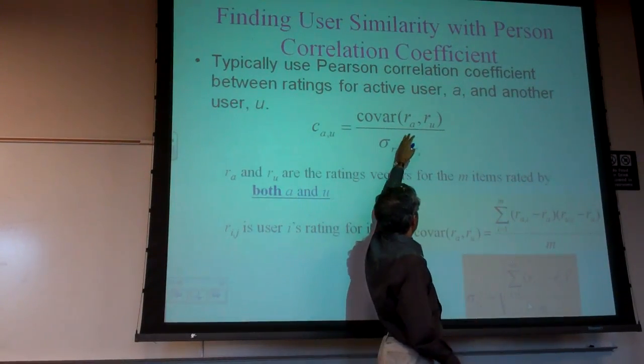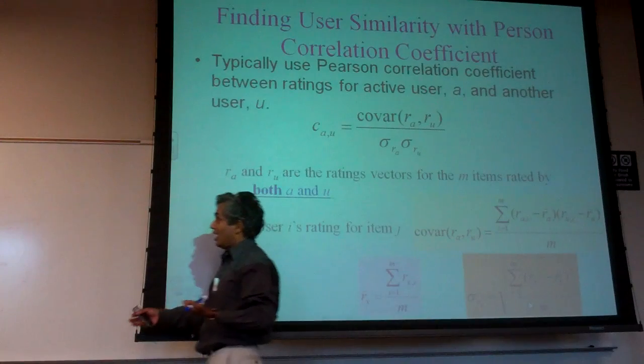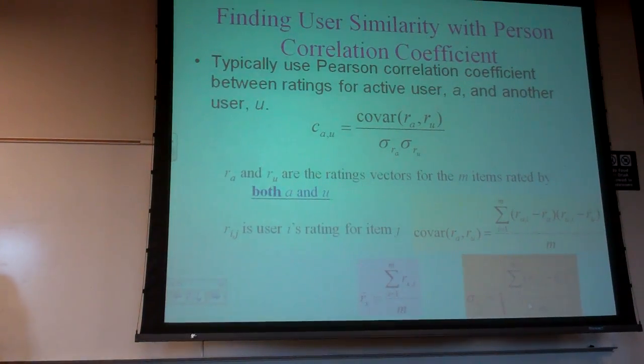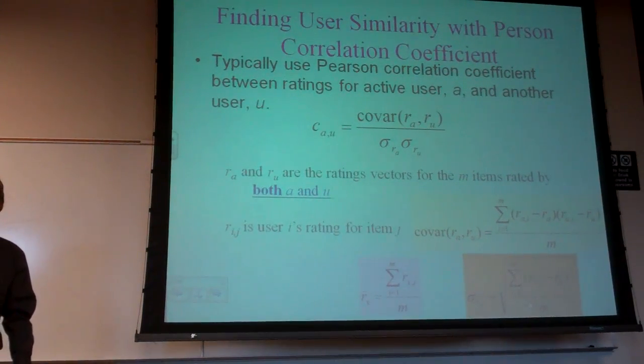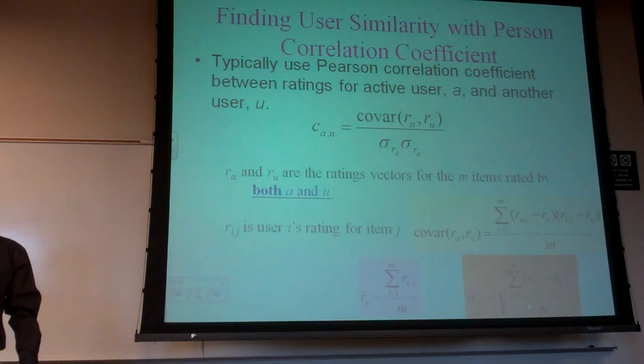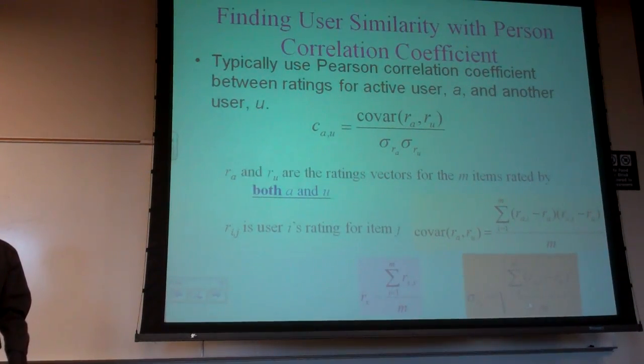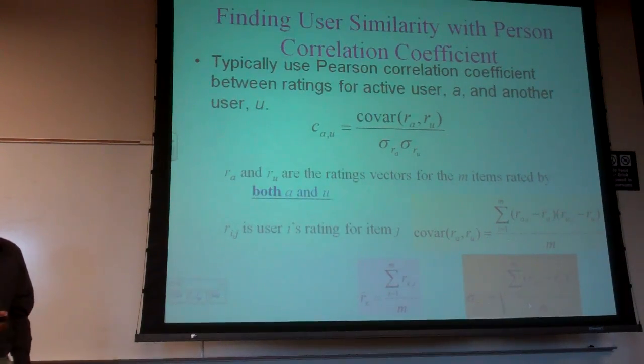In the document's case, each document is represented in terms of the frequency of each of the terms in that document. Similarly here, instead of frequency, you're talking about the ratings for the items.